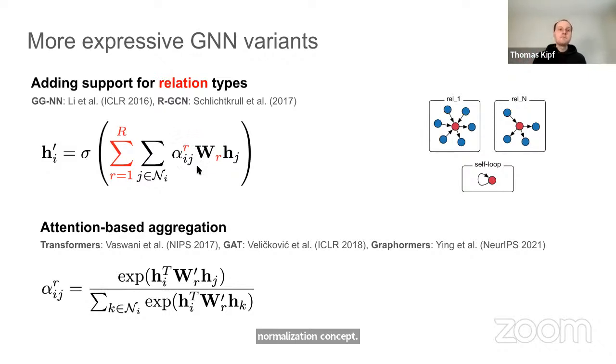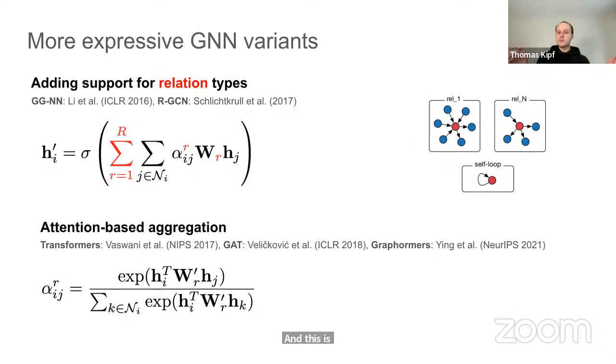What that means is that this alpha here just tells you how important one neighboring node is for the update. How important is neighbor 1, neighbor 2, and so forth, based on their features. And this is a simple yet very, very effective technique of learning the importance of neighbors.